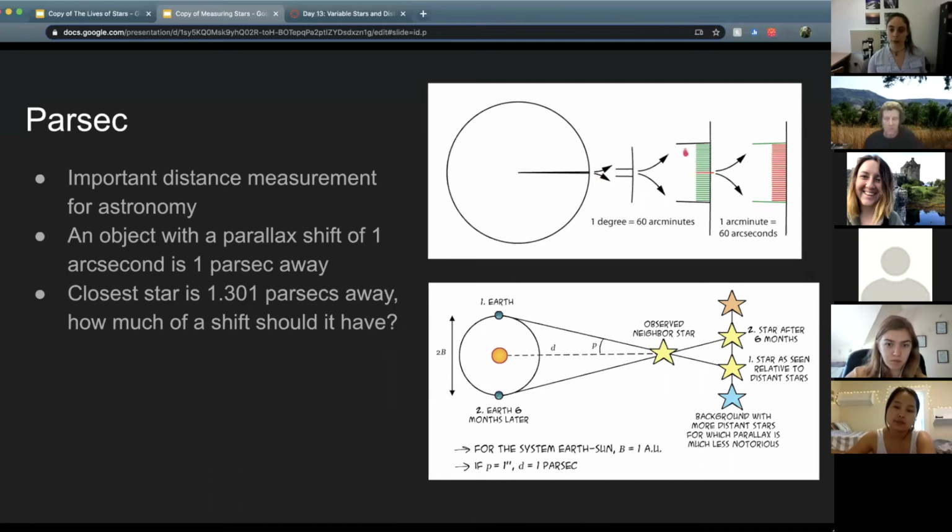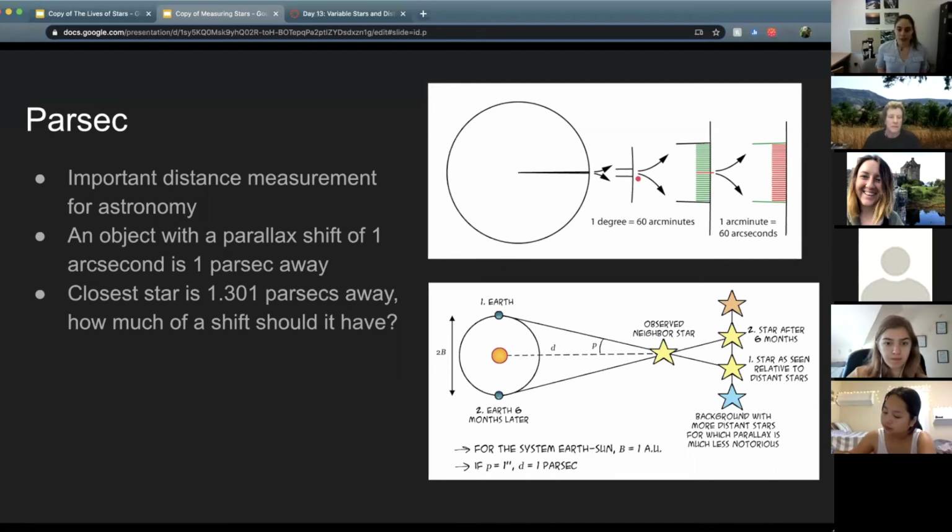And if you take that arc minute and split it further into 60 again, you get 60 arc seconds in every arc minute. So this is just an angular measurement. Because stars are so far away, we need to introduce these really, really small angles to measure the parallax shifts of the nearest stars.